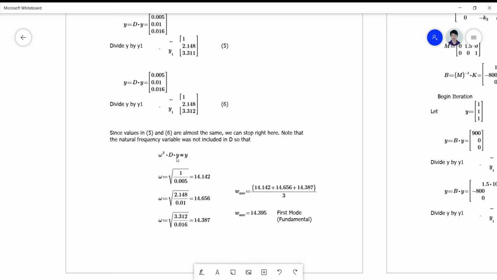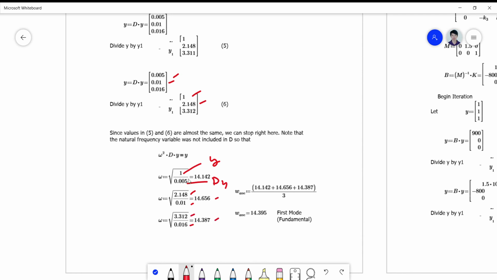Your Dy is actually this last value here, and your y is this value here divided by Dy. So this is now your y, which is 1, and your Dy, which is 0.005. And then your y here is 2.148 divided by this one. Dy is this one and this one.